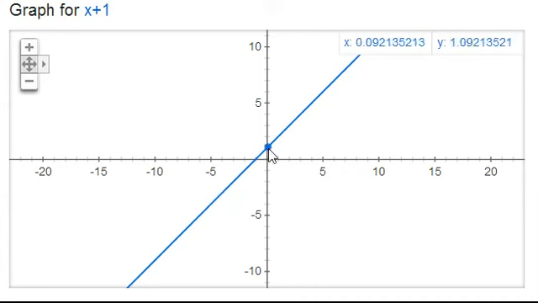We have a tracer here, and it shows our coordinates up here. So remember, we had 1 and it was 2. It's hard to get this exact, but I'm trying to get it as exact as I can. As you can see, this is a straight line. Important things: it passes through the y-axis at 1, and it passes through the x-axis at -1.